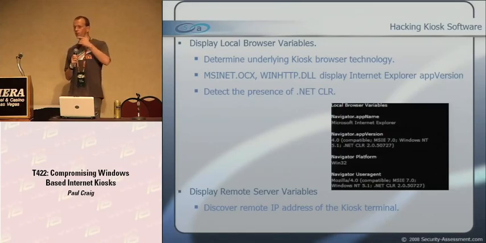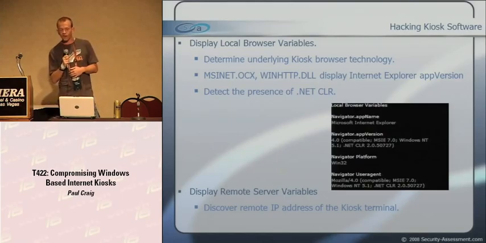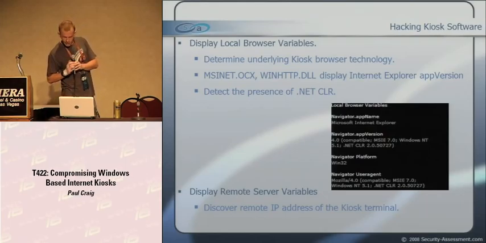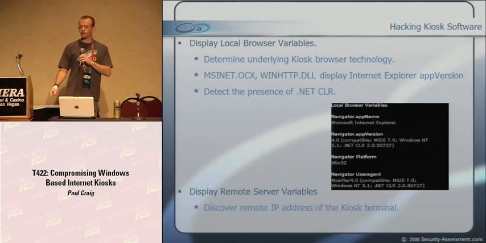So I can visit this page on iCat and it'll tell me if the kiosk is based on IE or if it's based on a custom browser control. This gives me more information about the attack target, about what I'm trying to do. This can also detect the presence of the .NET CLR. You'll see in the Navigator app version that if .NET is installed, it appends itself into the app version. So you can see that this particular kiosk has .NET CLR 2 installed.